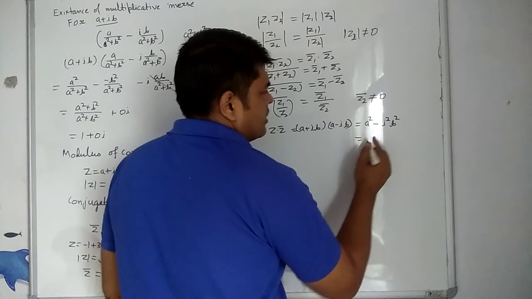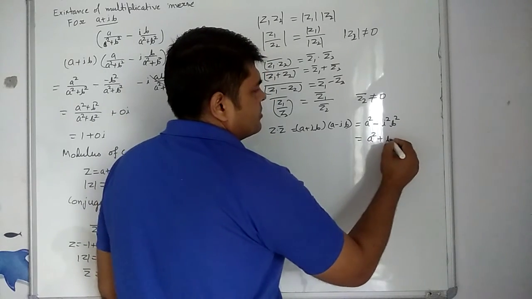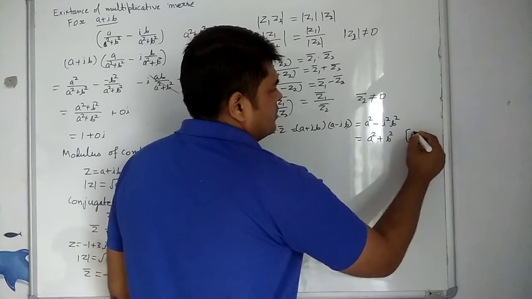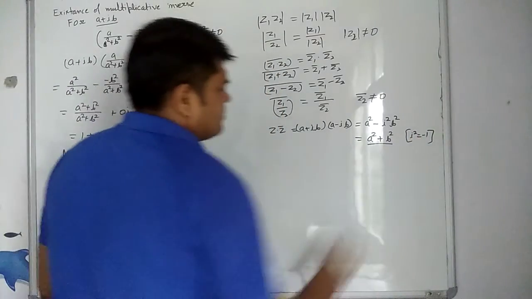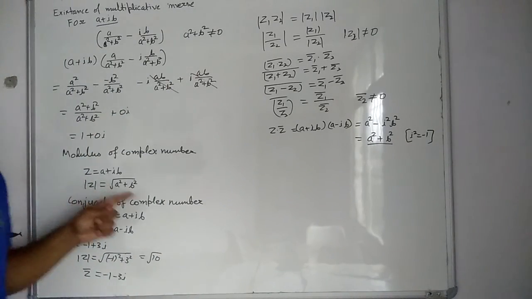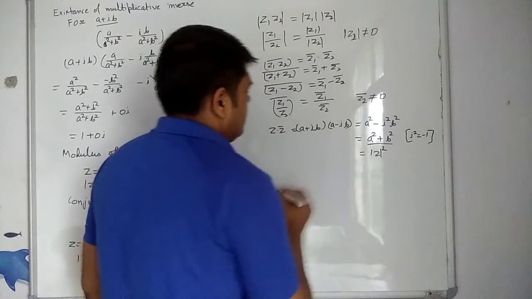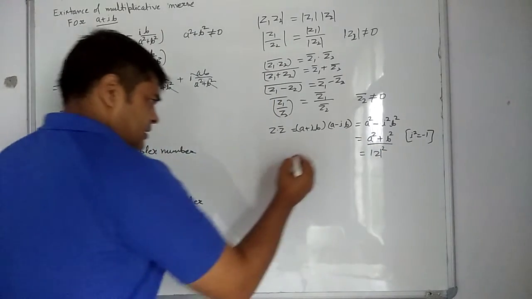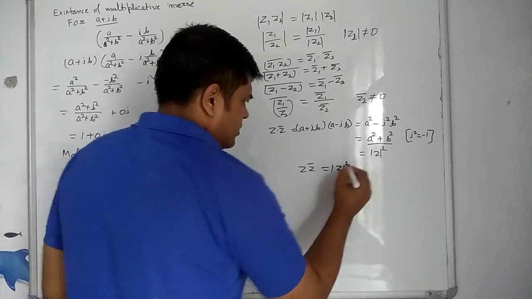What is iota square? Iota square is minus 1, so minus minus becomes plus. We are using iota square equals minus 1. What is a square plus b square? We have just learned the modulus of z is the square root of a square plus b square. So it will be equal to mod of z square. So it is a very important property: z into the conjugate of z is equal to mod z square.